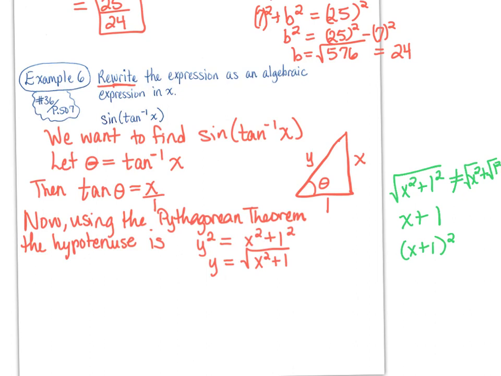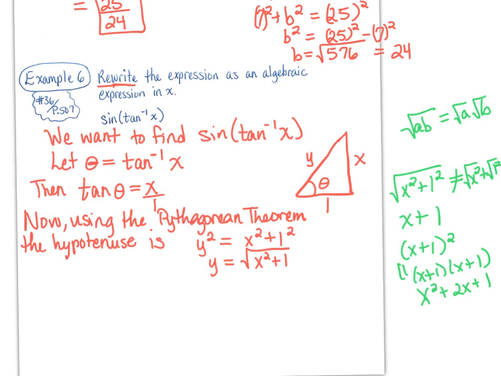You can only break apart a radical of something that you're multiplying. Also, remember that x plus 1 squared is equal to x plus 1 times x plus 1, and that's x squared plus 2x plus 1, which is different than what we have. So make sure you leave these alone and take the square root of them. Does that make sense?